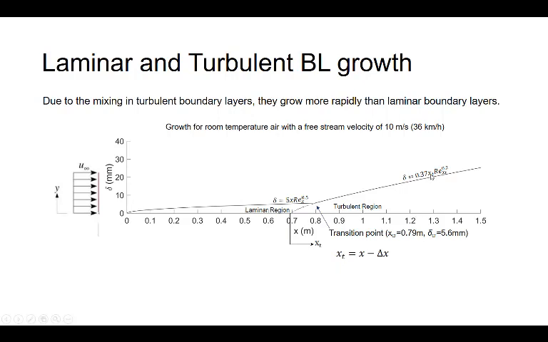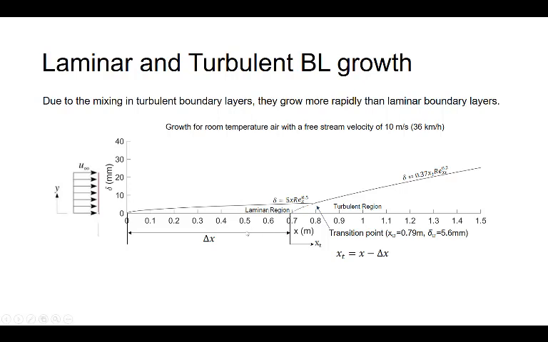We can calculate this new length parameter for the turbulent boundary layer as the value of x, the actual distance from the leading edge of the plate, minus some change in the starting location. That delta x is the difference between the actual leading edge of the plate and the fictitious, imaginary starting point for the growth of the turbulent boundary layer.